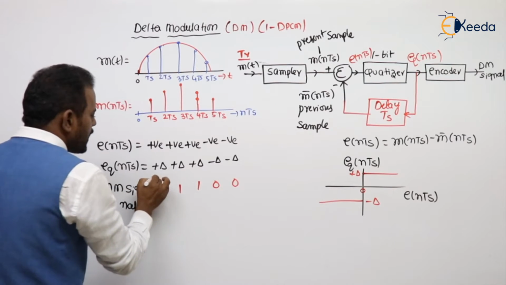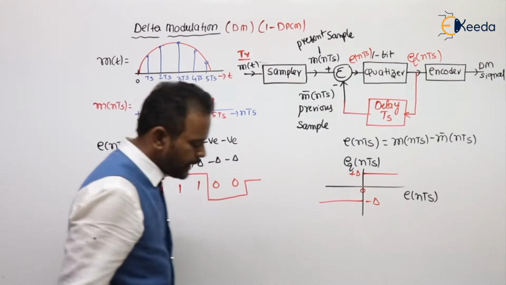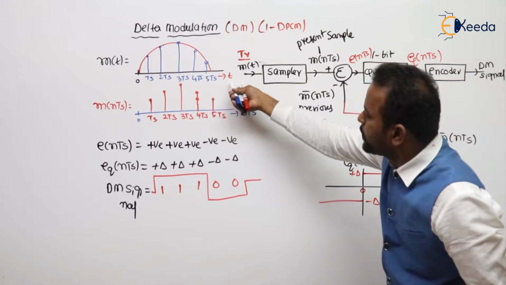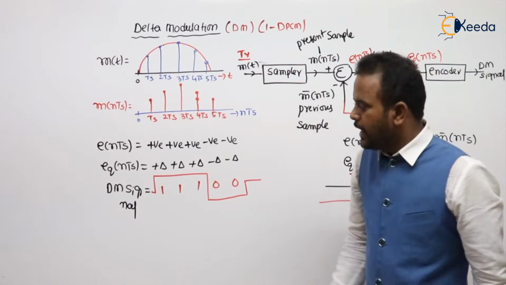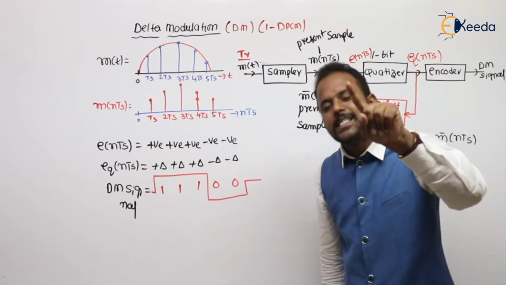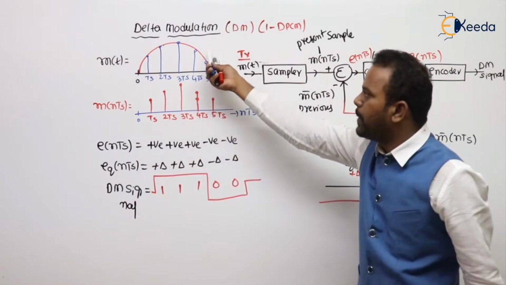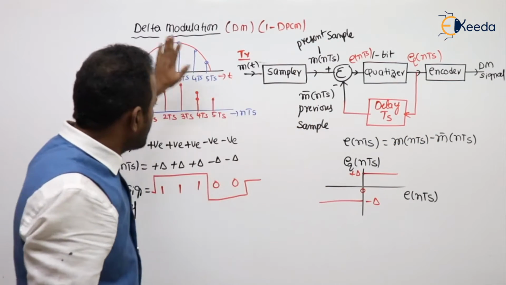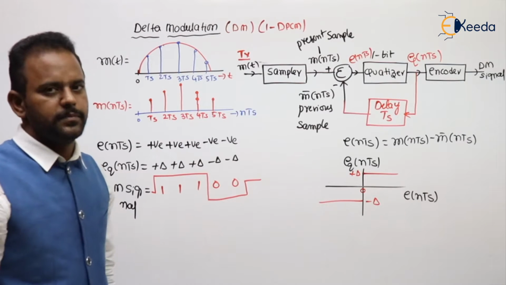For example, 1 we represent with positive pulses, 0 with negative pulses. That is the delta modulated signal generated for the corresponding message. Now this is going to be transmitted through the channel, and at the receiver side we will generate this message back. This is the transmission block and this is the process of generation of the DM signal. Clear?